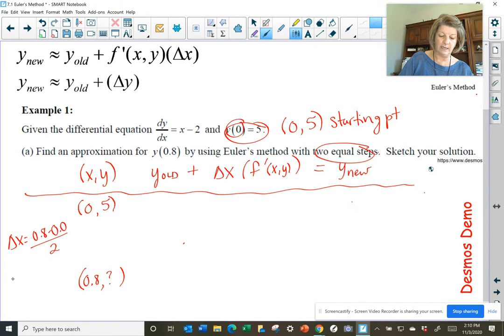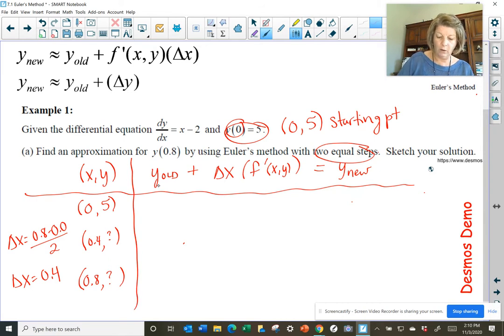That means my delta x has to be 0.4, correct? So I would have one more stopping point here at 0.4, and I'm going to have to find that y value. And then I'm going to do another delta x of 0.4, bringing me to 0.8. All right, sweet.